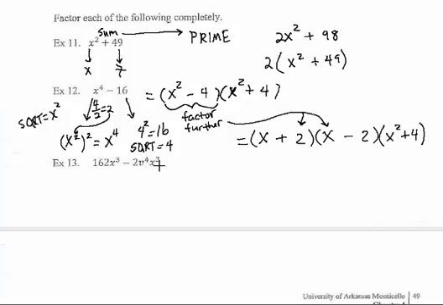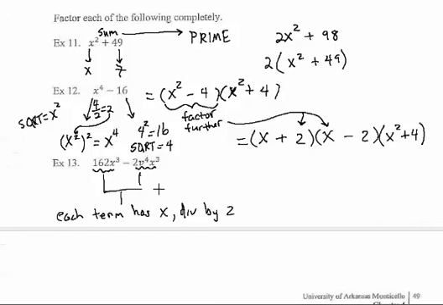Okay, example 13. Notice that each term has an x. Both are divisible by 2. And that's it.